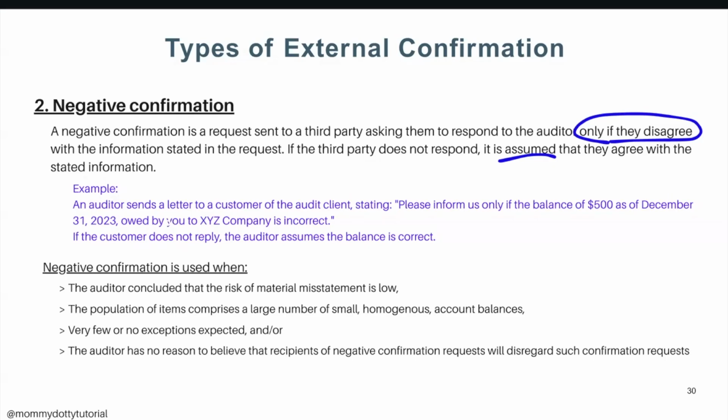For example, please inform us only if the balance of $500 as of December 31, 2023 owed by you to XYZ company is incorrect. Meaning if this $500 is correct, they don't need to respond. We use negative confirmation when the auditor has concluded that the risk of material misstatement is low. The population of items comprises a large number of small items, meaning the volume is high.